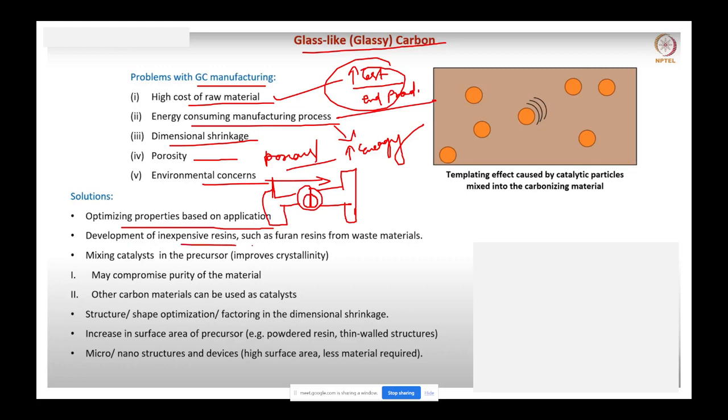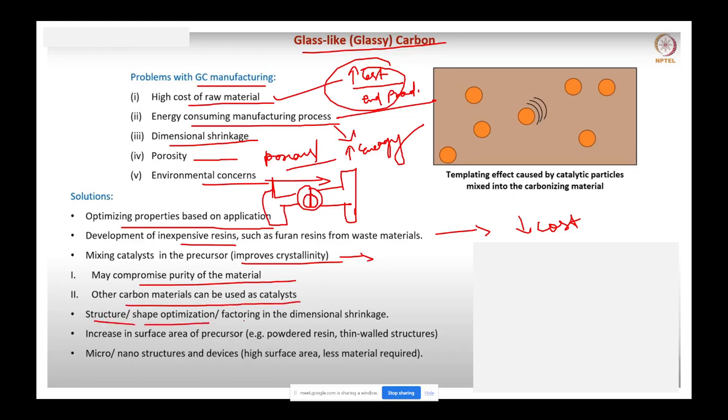Development of inexpensive resins. Here you can use some inexpensive resins that come from waste material, which will reduce the cost of your material. Mixing catalyst in precursors will improve the crystallinity, but it may compromise the purity of your material, and carbon materials can be used as a catalyst also.